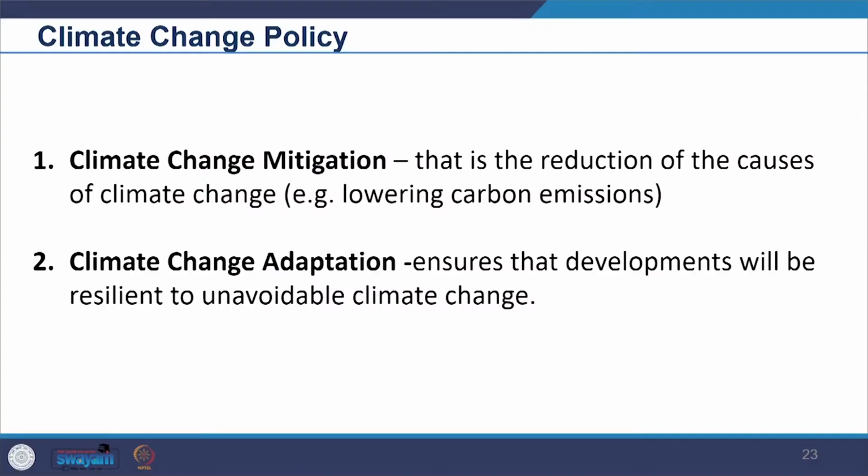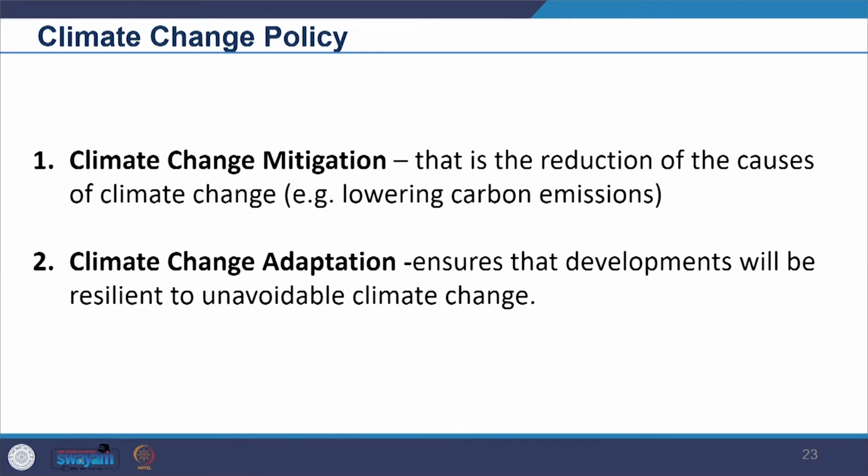We see that as per the climate change policy, climate change requires to be addressed at 2 stages. First, through climate change mitigation, which conceptually looks into reducing carbon emissions. When we talk about climate change mitigation, we are specifically talking about reducing carbon emissions. Second, through climate change adaptation.